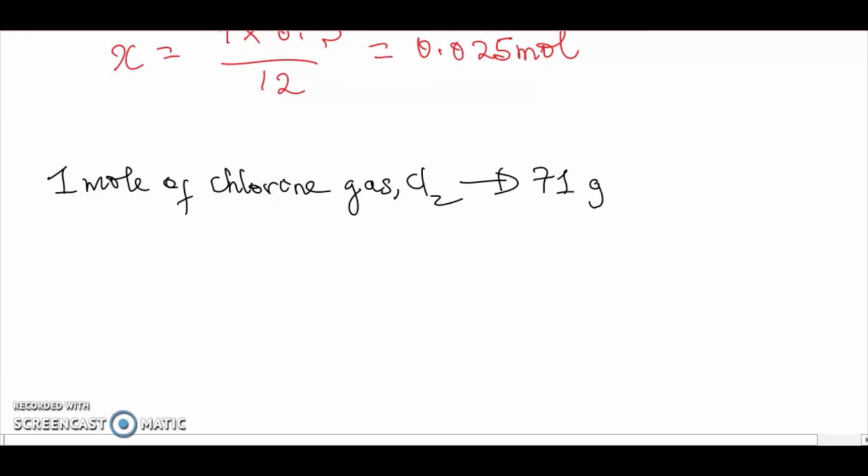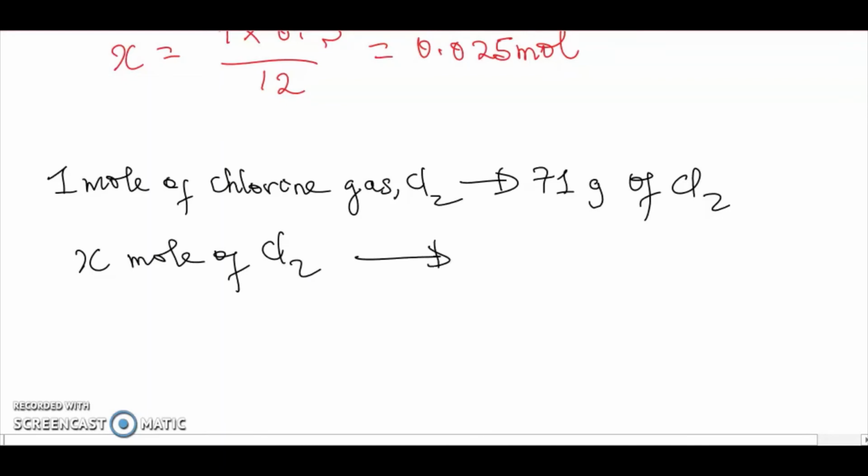So 1 mole of chlorine gas has a mass of 71 grams. So if that be the case, how many moles, that is X mole of chlorine gas, has a mass of 7.1 grams?